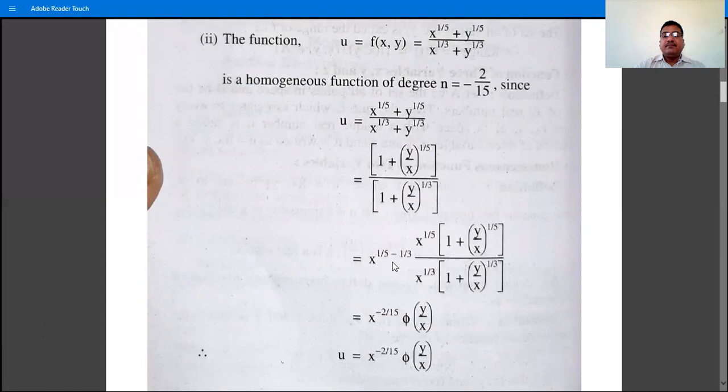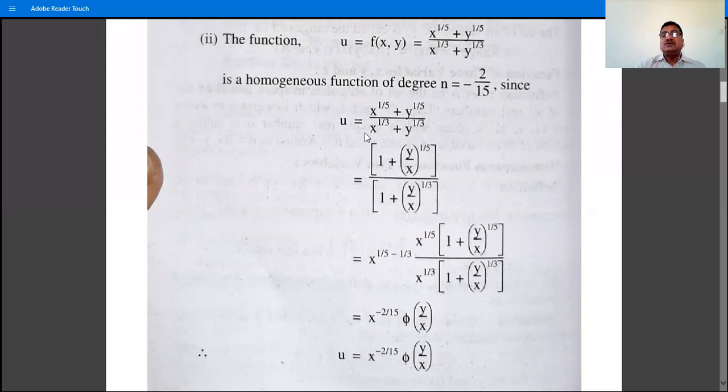So what do we have? Write x raised to 1 by 5 before the bracket; in the bracket, if you take x raised to 5 common, then we have 1 plus y by x raised to 1 by 5. So y raised to 1 by 5 divided by x raised to 1 by 5 means y by x raised to 1 by 5.